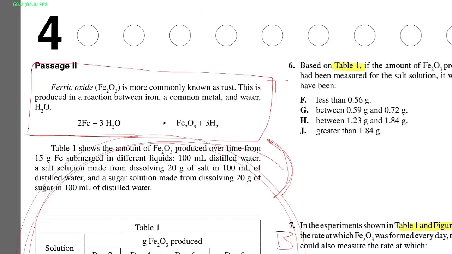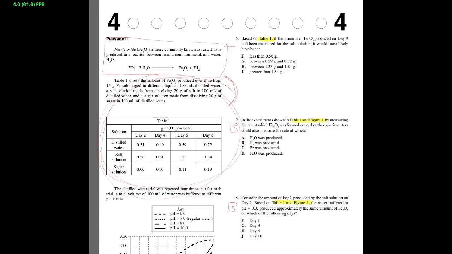If it was really long, I might not read it. I might go directly to the questions and then read only if I have to. Often you can actually figure out what you need to know just by looking at the data table or the data chart. But like I said, this one's so short, I might as well just read it.